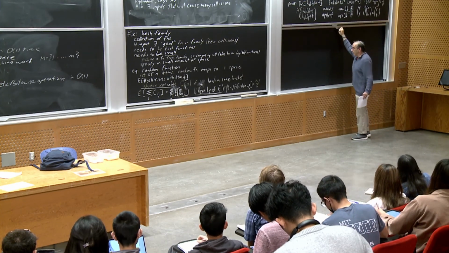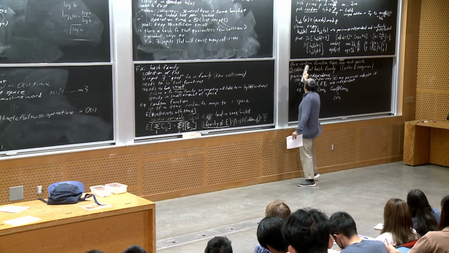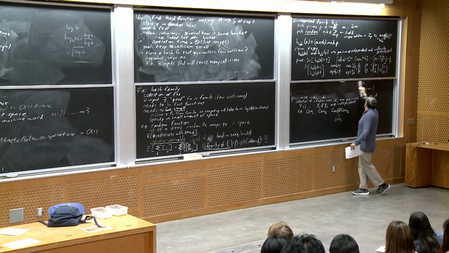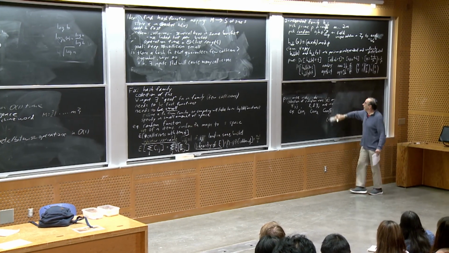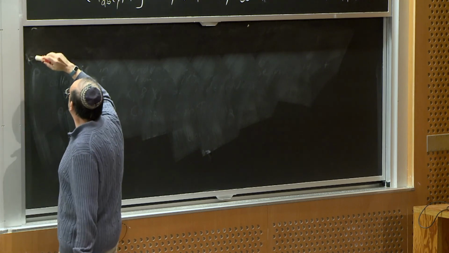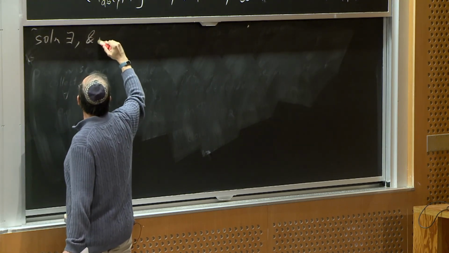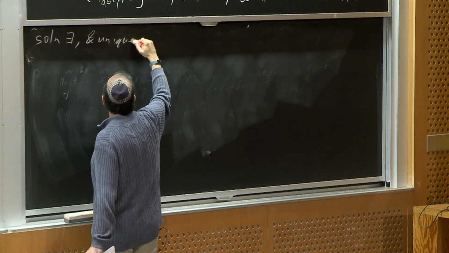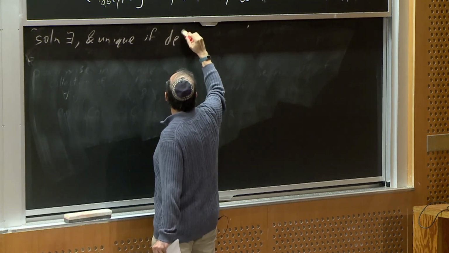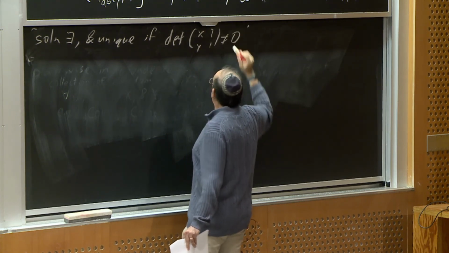Well, do I know that this matrix formula has a solution? Well, from your linear algebra, we know that the solution exists and is unique if the determinant of this matrix is not 0.